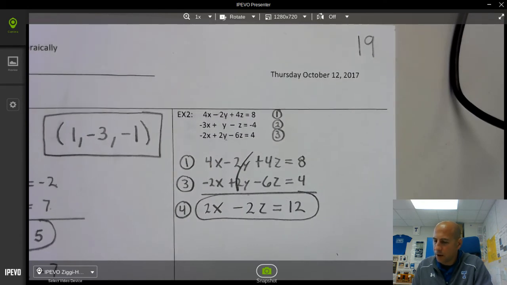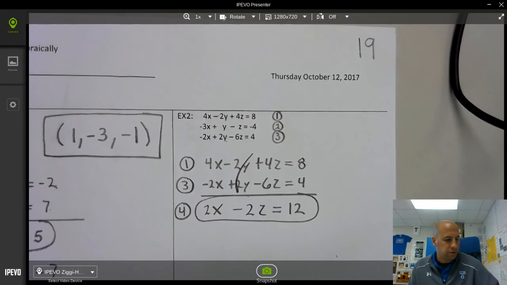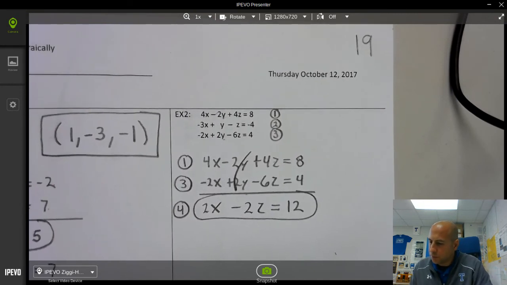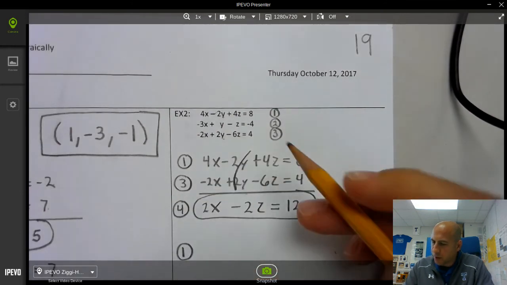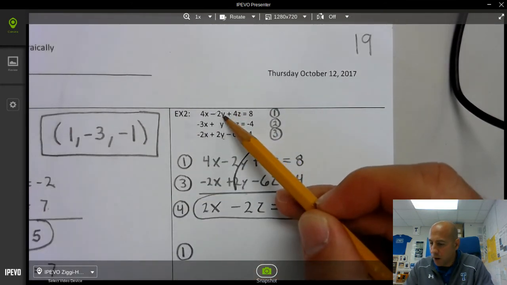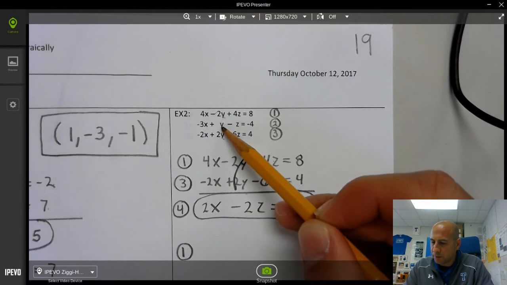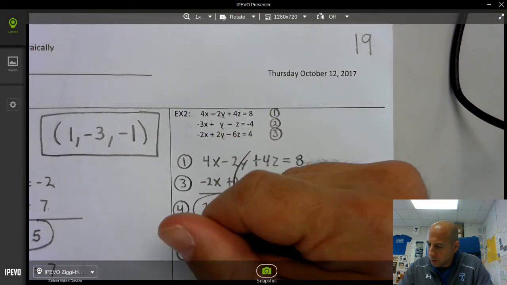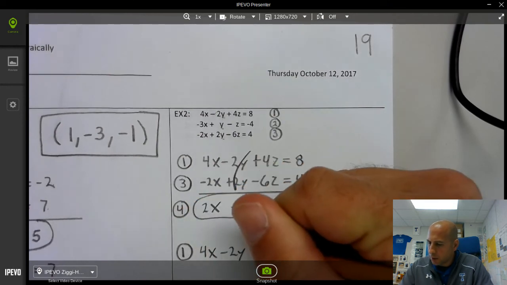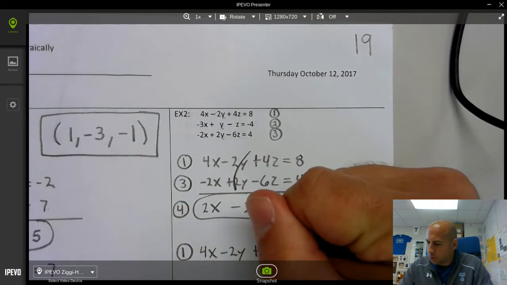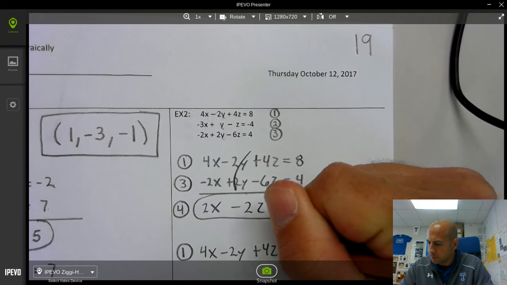All right, so now let's use equations 1 and 2. And the reason, again, is because I'm using negative. Now I have to get rid of the y, so I'm going to have to multiply the second equation by 2. So that's 4x minus 2y plus 4z equals 8.